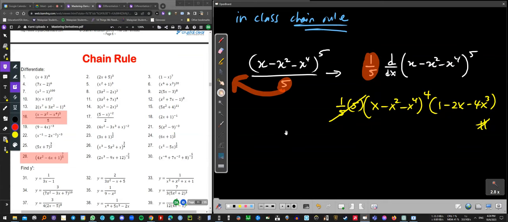Okay, try to do number 17. Sekejap. I'll get the door. Give me like 10 seconds boleh? Alright, thank you.